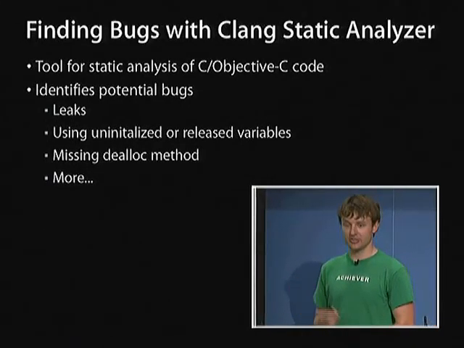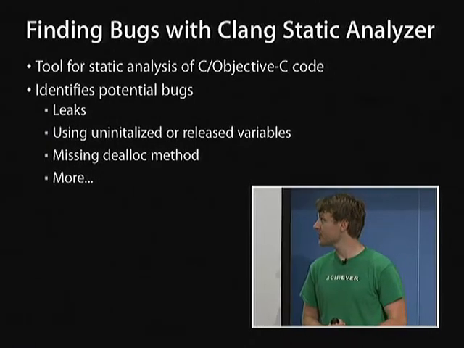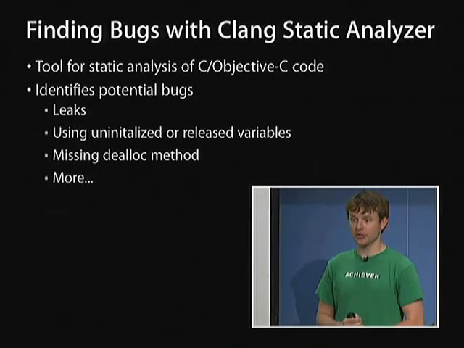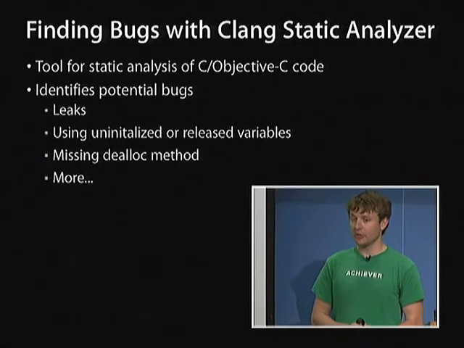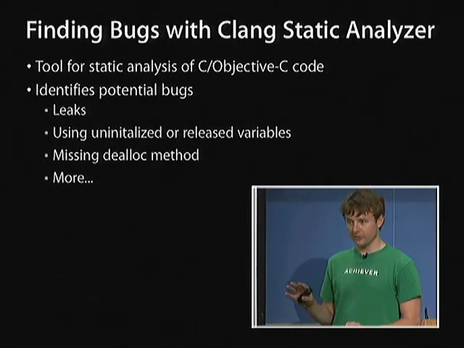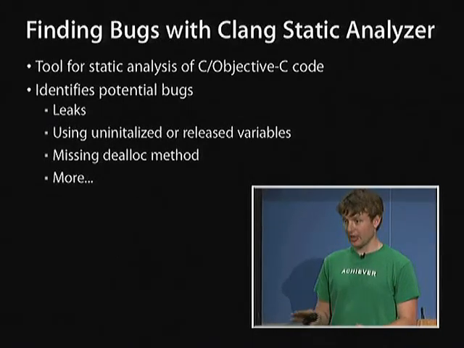A really big thing here is leaks. It can help you find places where you maybe have mismatched your retain release statements. Using uninitialized or released variables. Uninitialized variables are a big one. As you know, with instance variables, they all get initialized to 0 when an object is created. But for a local variable within a function or method, that does not get zeroed out or anything.